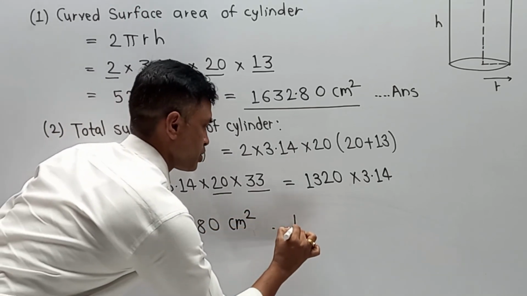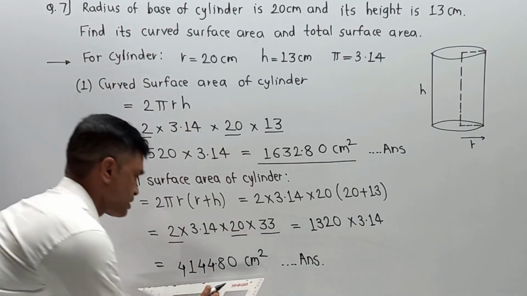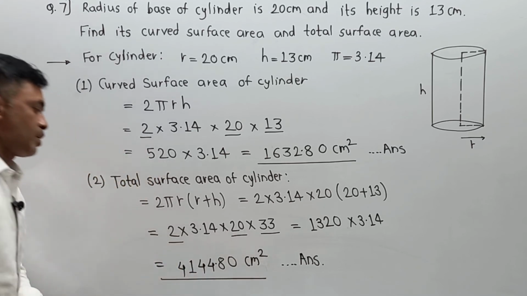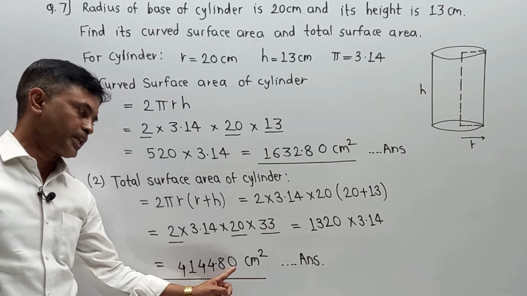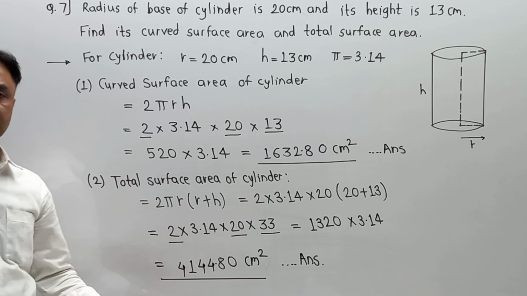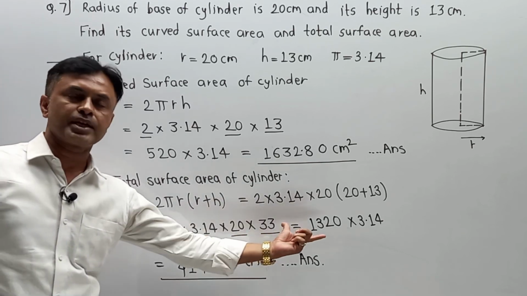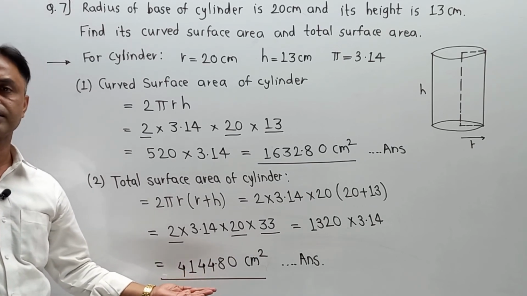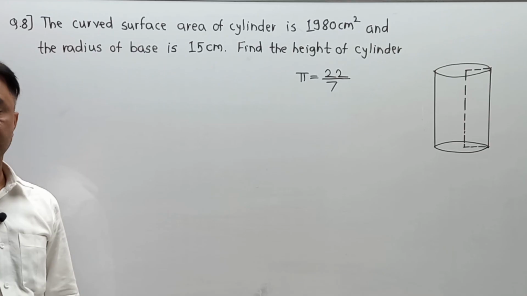Again it is the answer, so I am writing it as the answer: 4144.80 square centimeter, the total surface area. Student, again if you don't understand this calculation, do it by your own method. This is your final answer, and in this way you can complete the numerical.